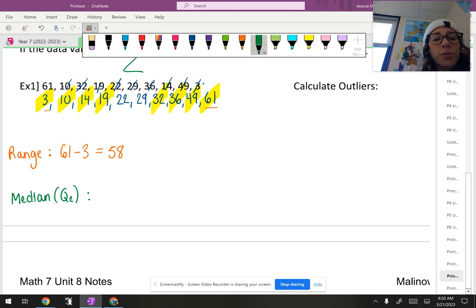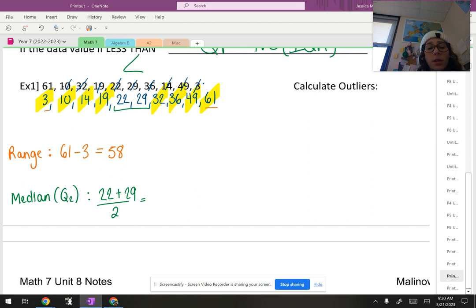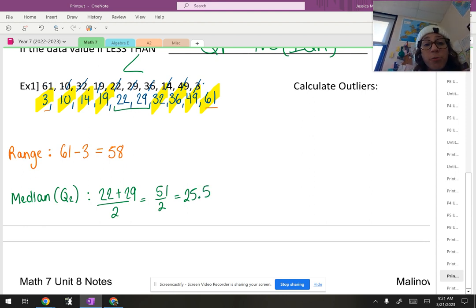And lo and behold, I've got 2 in the middle that I need to average. So 22 plus 29 divided by 2. Get your handy dandy calculator. 22 plus 29 gives you 51 divided by 2 is 25.5. So our median, or Q2, is 25.5.